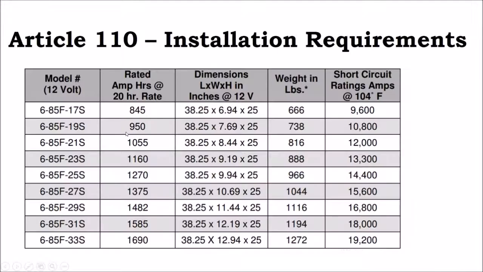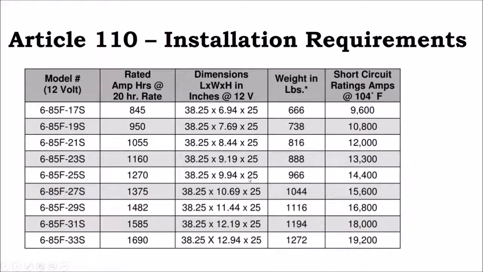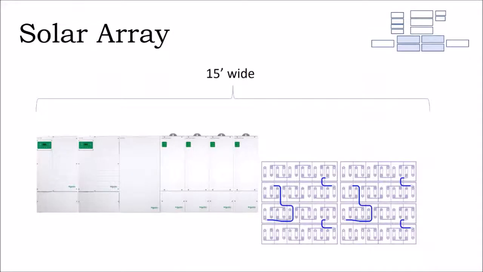But going back to our room, if we need 8 feet for our inverter system and our batteries, if we have 8 of them and they're about a foot wide each, in total, our battery bank plus our equipment is 15 feet wide. And then we need 30 inches on a side of each.